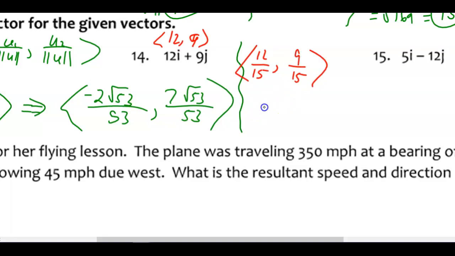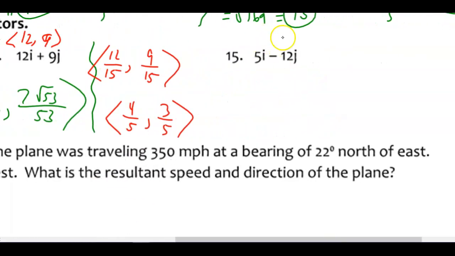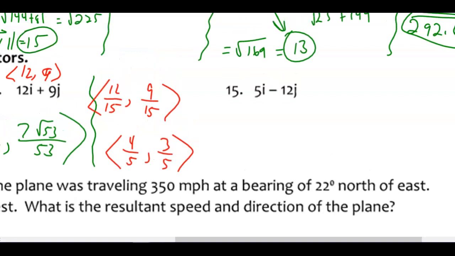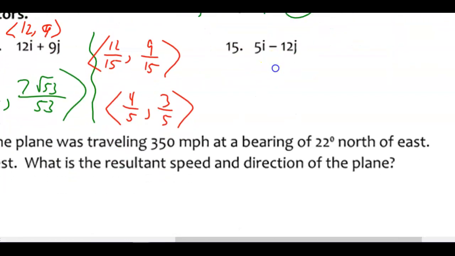I got to reduce. Okay, so 12 over 15, they both divide by 3. So that's 4 over 5. And they both divide by 3, so that's 3 over 5. There's our component, our unit vector right there. And we already found this one. The magnitude is 13, sorry. So we have 5 over 13 and negative 12 over 13. And those don't reduce, so those are our unit vectors right there.